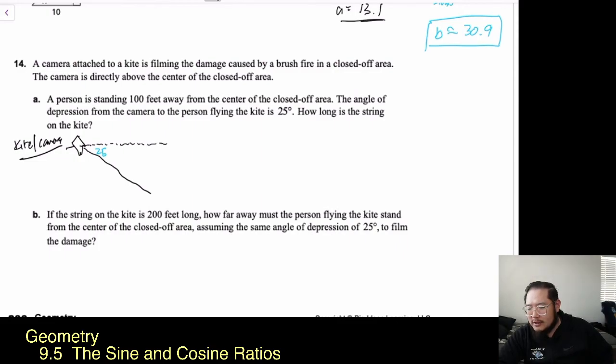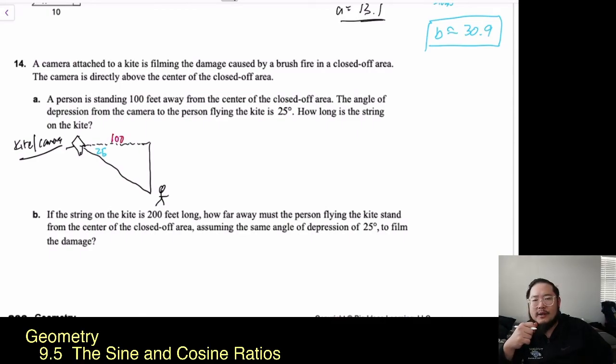It says, how long is the string on the kite? Well, how do I figure that out? Well, once again, let me tidy up this diagram. If the person happens to be right here flying the kite, remember, they said that the person is standing 100 feet away from the center of the closed off area. So this length right here is 100.